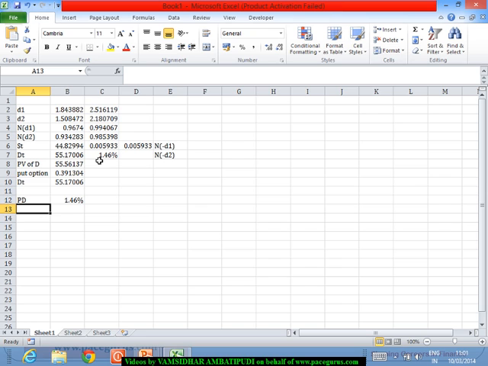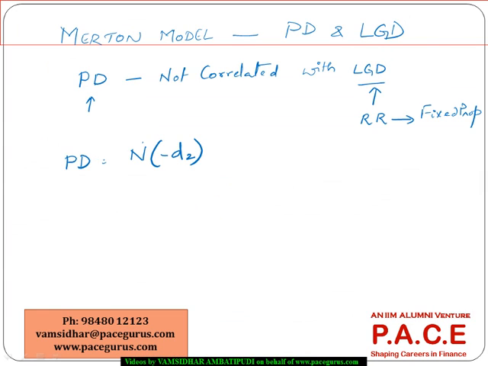Now when I have to compute the loss given default, my formula is simply: take the face value of the debt and multiply it with the probability of default, which is N of minus d2.